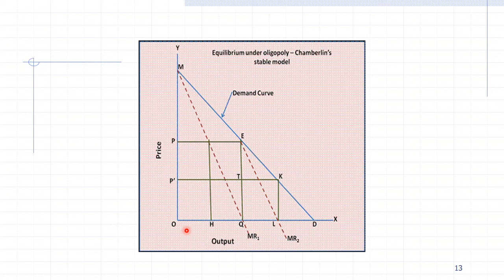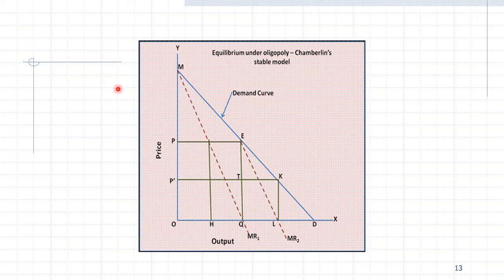According to that OQ, he will fix the price equal to P. So OP is his price level. Now, since there are two oligopolists, the next oligopolist, producer B, enters the market.